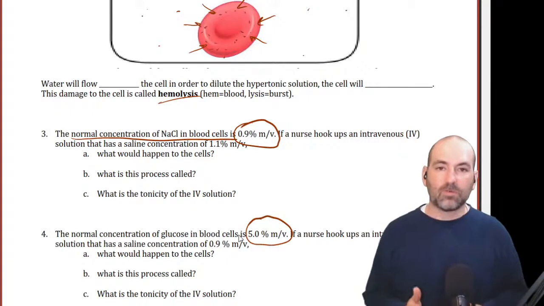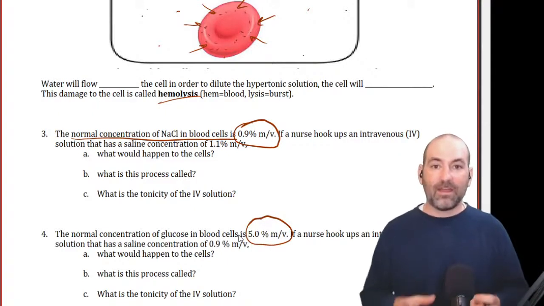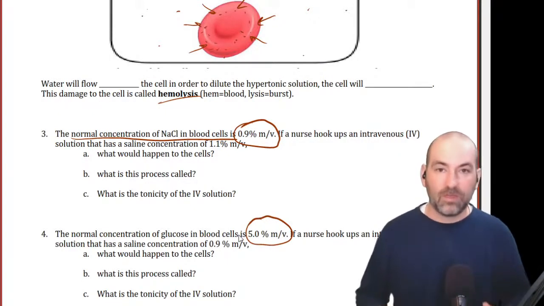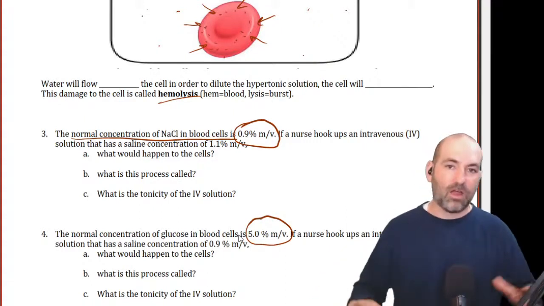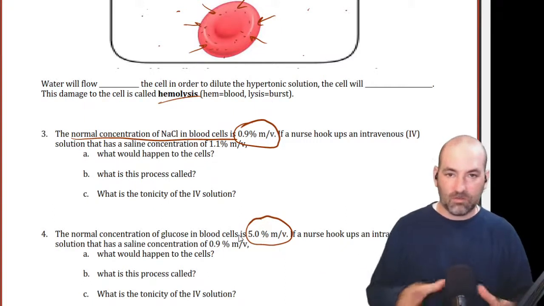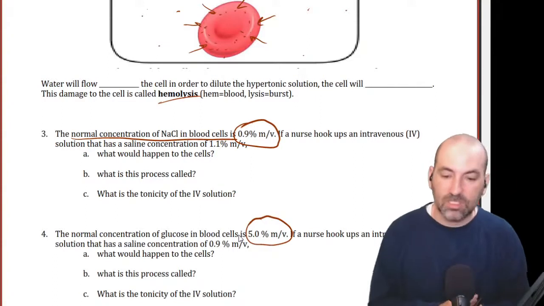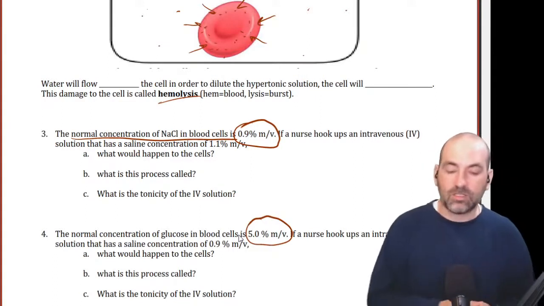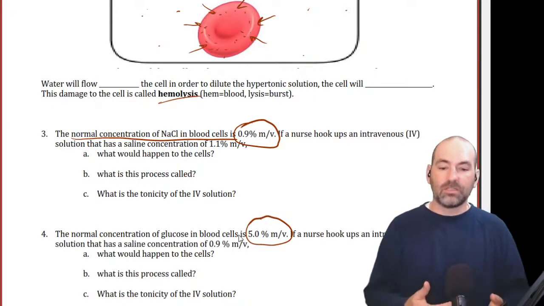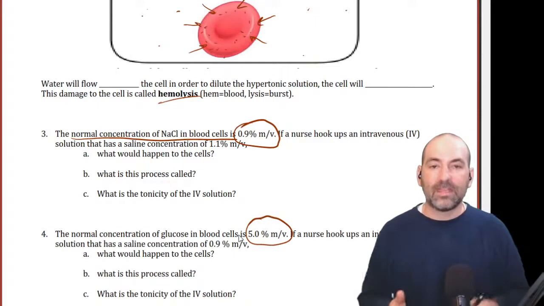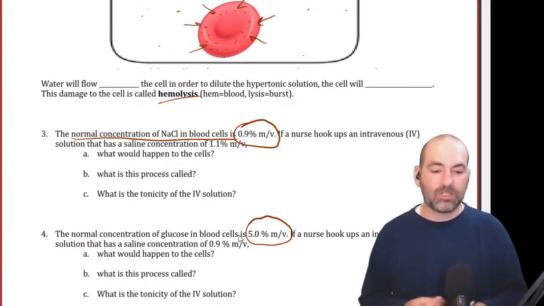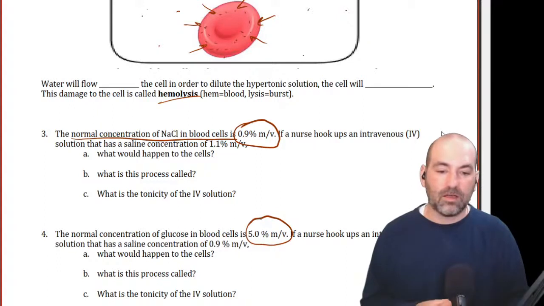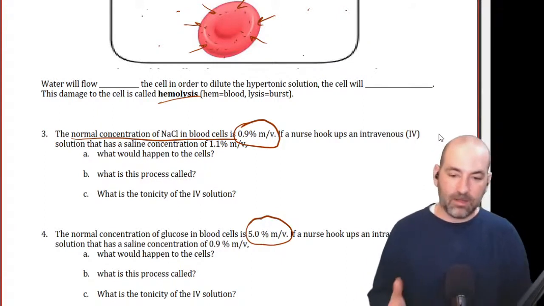There are some cases where a doctor might want to very carefully, purposefully have some hypotonic or hypertonic solution going in, like in emergency situations, but it is dangerous. So generally, if you just want to give fluids, those fluids have to have the same type of particle concentration as inside the blood cell.